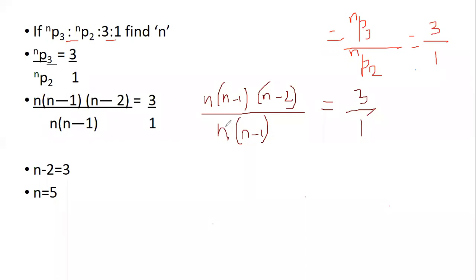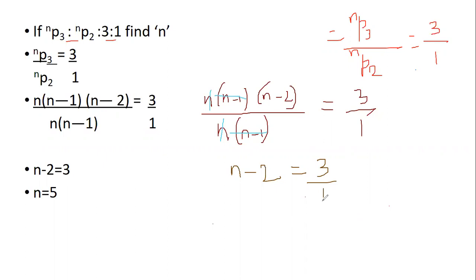Okay, it's not only n minus 1. See, n is also there, so I'm cancelling n. And then I have n minus 1. I'm also cancelling n minus 1. So I've cancelled n and n minus 1. Now, the next step will be, what is remaining? n minus 2 is equal to 3 by 1. Correct? n minus 2 is equal to 3 by 1.